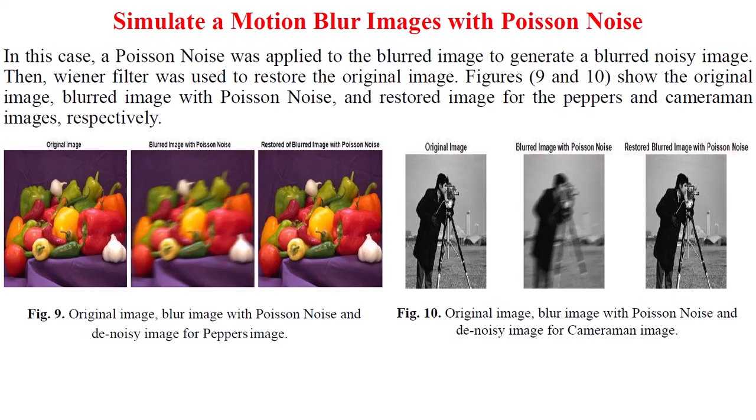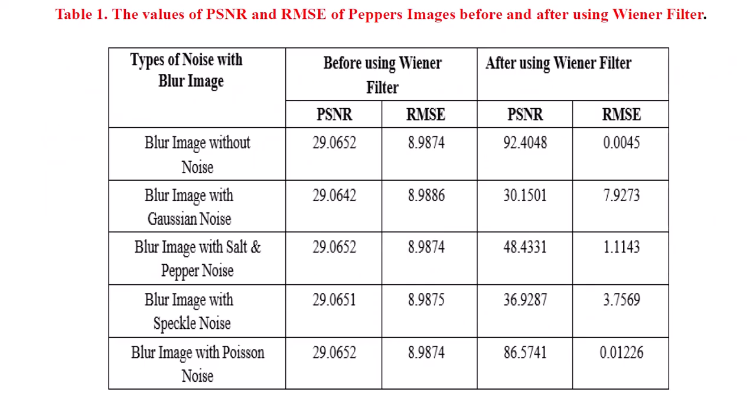Figure 9, figure 10 show the original image, the blurred image with Poisson noise, also the restored image for paper and cameraman image after using winner filter. In this slide, we show this table, which is table 1.